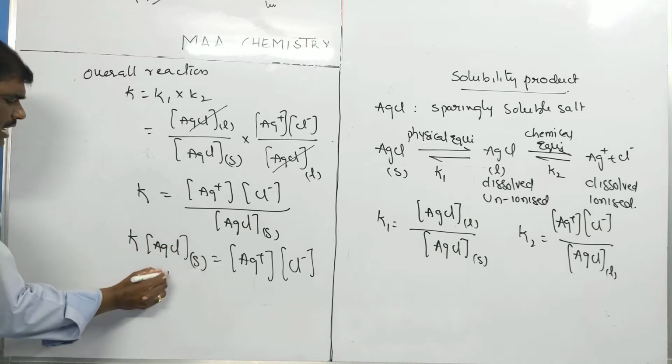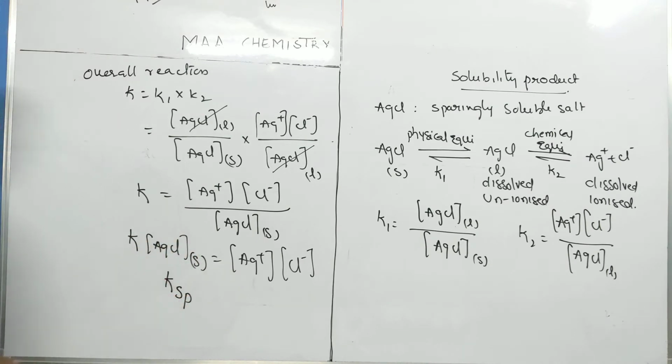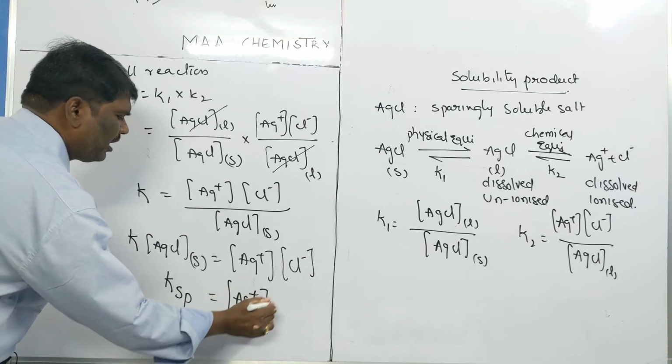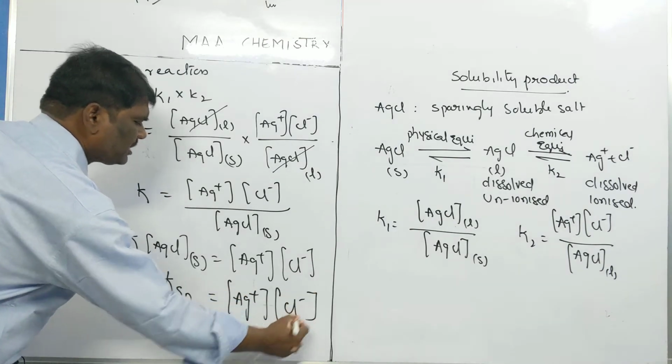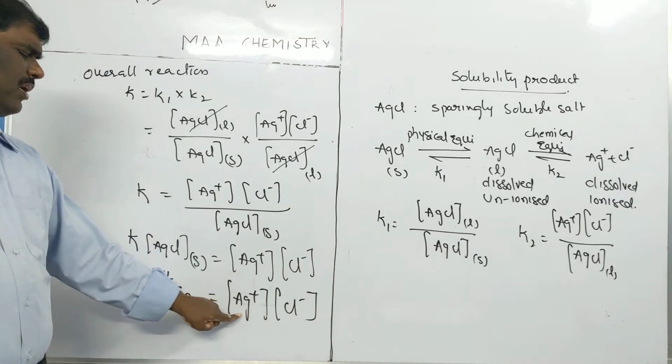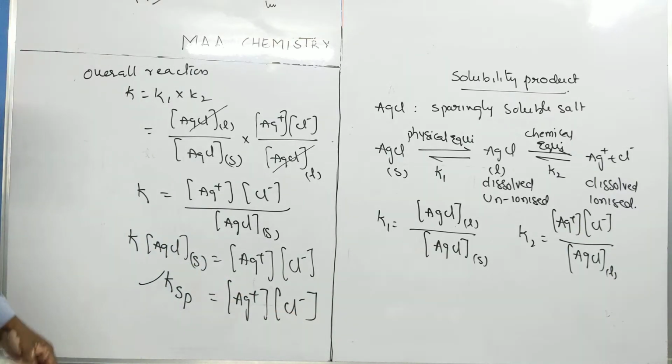This is taken as the solubility product Ksp, the product of concentrations of the ions in the sparingly soluble salt solution.